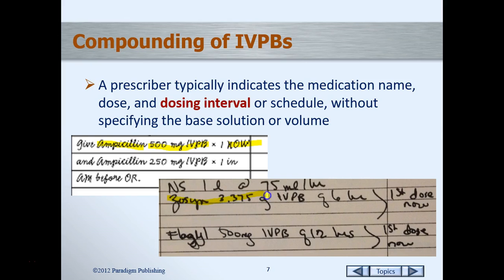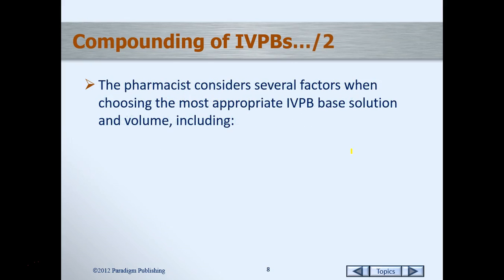Here we have Zosyn IV piggyback every 6 hours, or Flagyl 500 milligrams IV piggyback every 12 hours. Again, it doesn't give us our base solution or the volume that it will be put in. That's usually determined by a protocol, or as we found in the first lab, you can look up the appropriate volume and run time for those IVs.